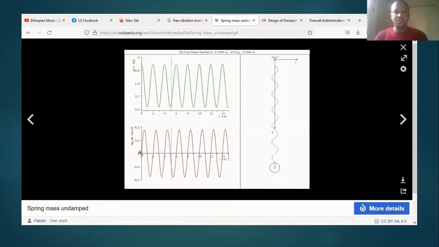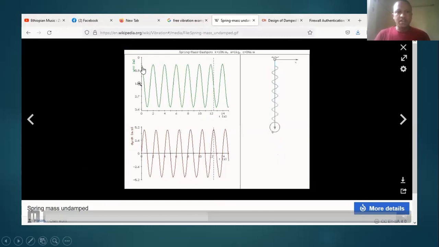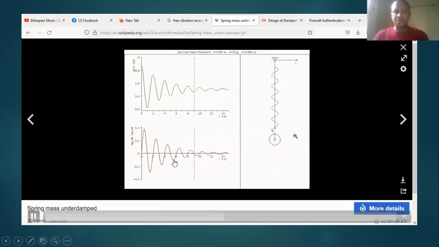What we can see here is that initially this system is given an initial displacement, starting from some point, and then it oscillates periodically. This is a periodic motion that is continuously vibrating. This is for the displacement and this is for the velocity of the oscillation.